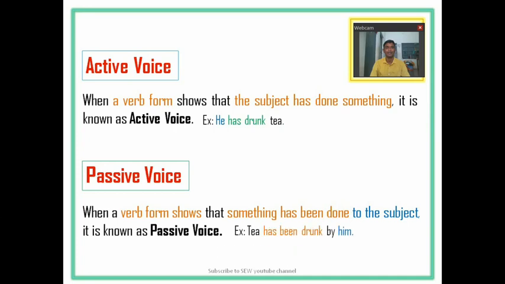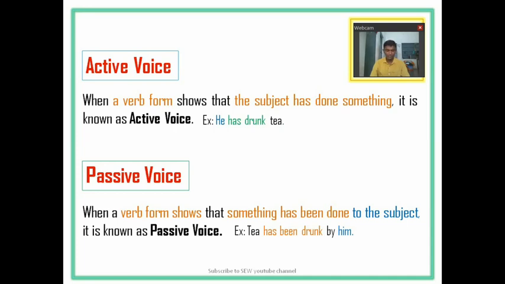What is the example? Tea has been drunk by him. So here tea is the subject, has been drunk is the verb, by is the preposition, and him is the object. So tea is used as a subject, but it is not doing the action. So it is in passive voice.